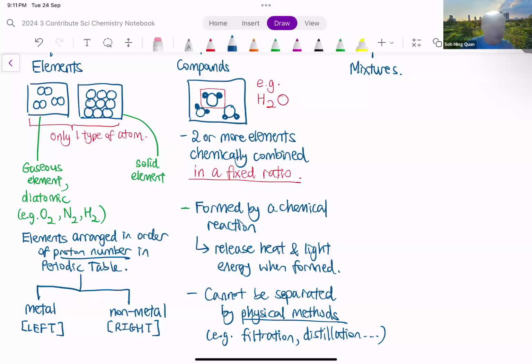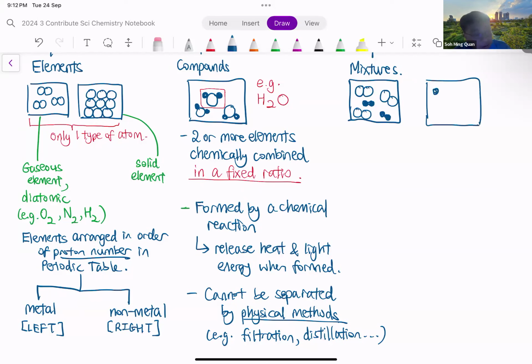Okay, and finally we go to mixtures. Now for mixtures, you see that there's actually a variety of things that we can do. So you notice now this is a mixture. This is also a mixture.